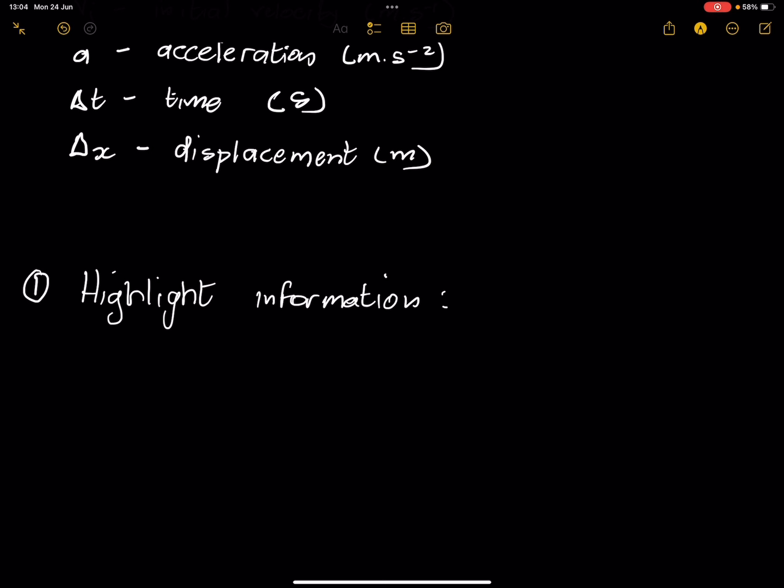So highlight words such as, if I say something is moving from rest. Okay, so when we say from rest, that usually implies that its initial velocity is 0. Okay, so initial velocity is equal to 0, right?